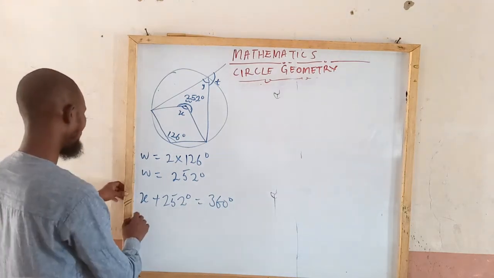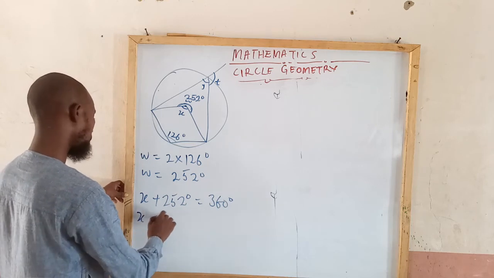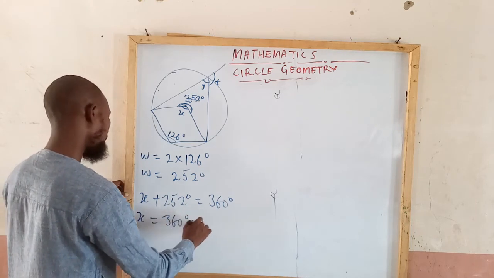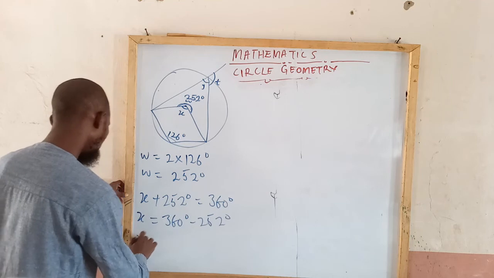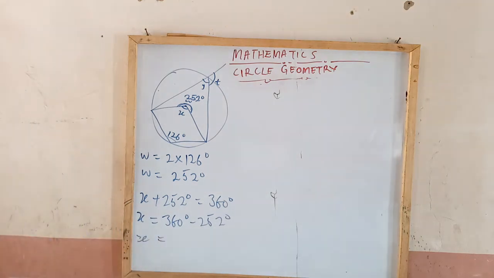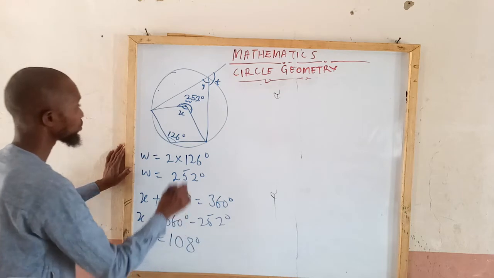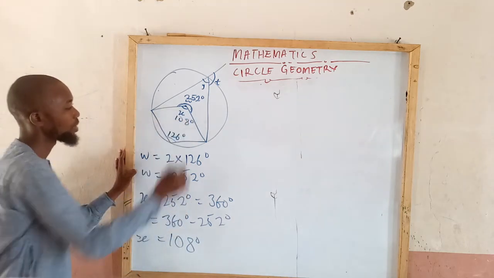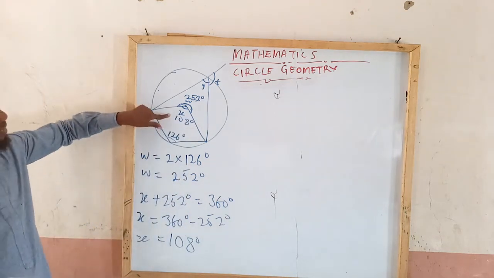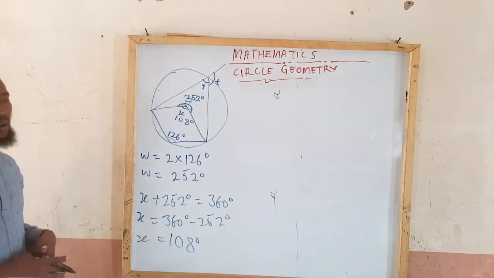So getting x here means we say that x is going to be 360 degrees minus 252 degrees. And x in that case gives the value of 108 degrees. So this is 108 degrees. Once we know the center, it's very possible to find the angle at the circumference.